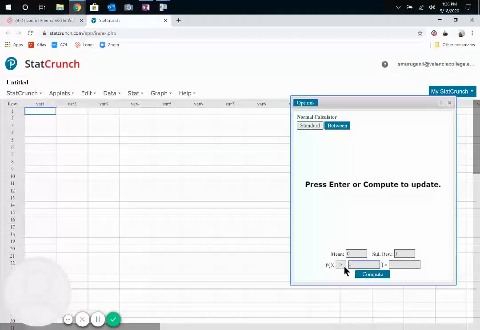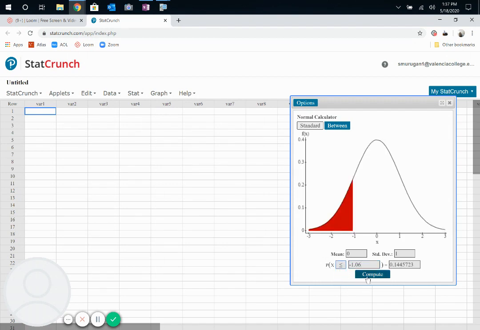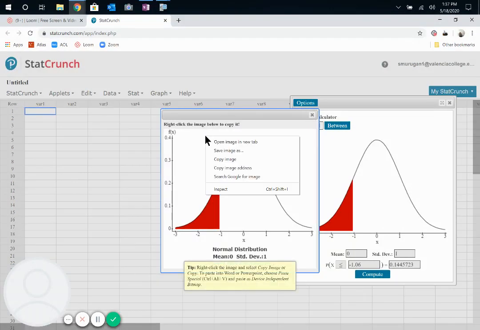Negative 1.06 less than, I'm going to copy this and paste it over.